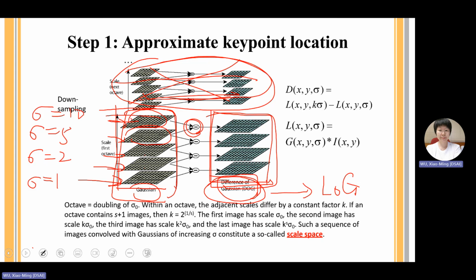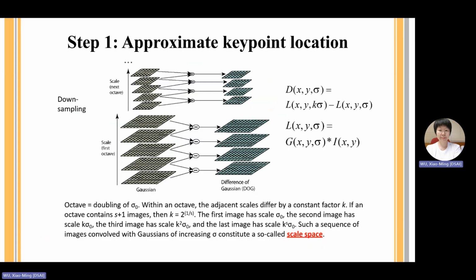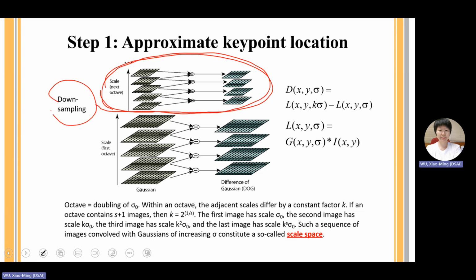And what about this? Downsampling is an implementation detail in the SIFT detector, and you don't need to consider this. You can see DOG is obtained by subtracting one blurred image from another blurred image, and this K sigma indicates that it has larger sigma.